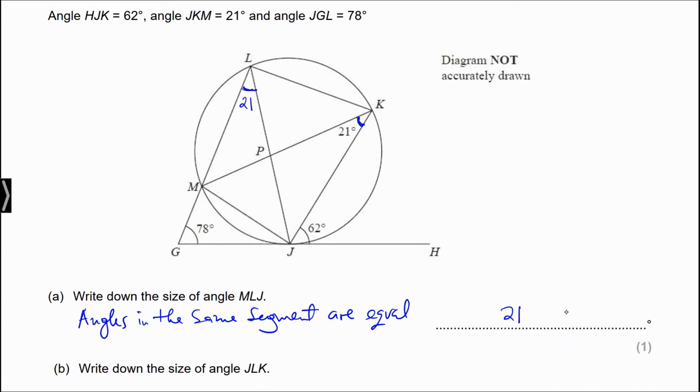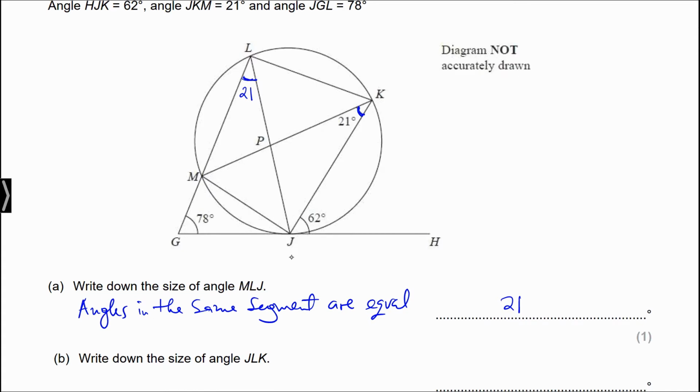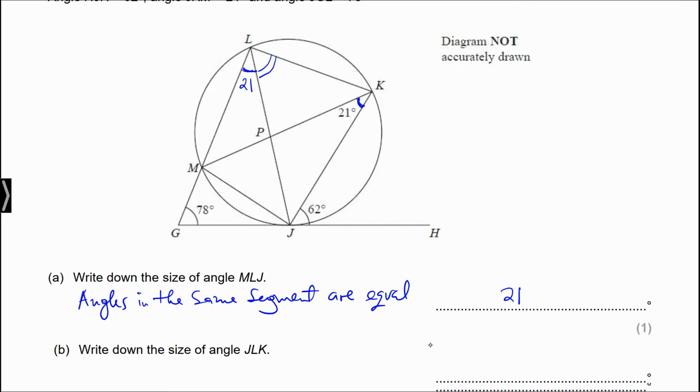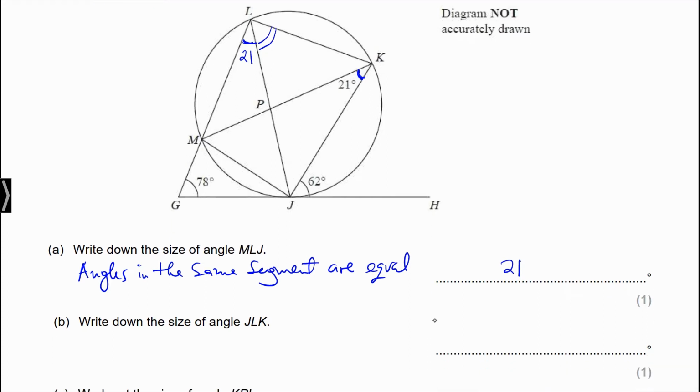Now, part B of this question requires us to write down the size of angle JLK. JLK is this angle here. Again, there's another theorem called the alternate segment theorem.